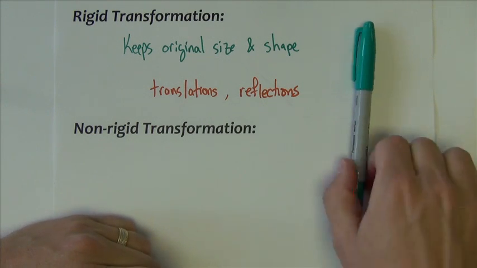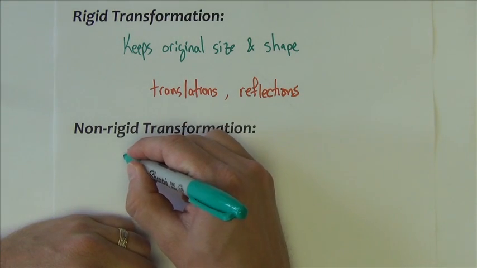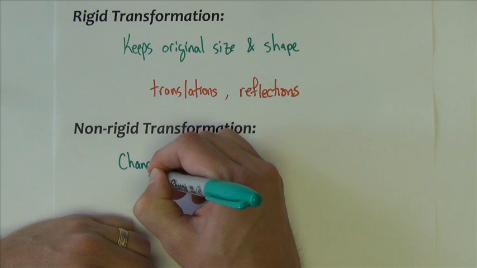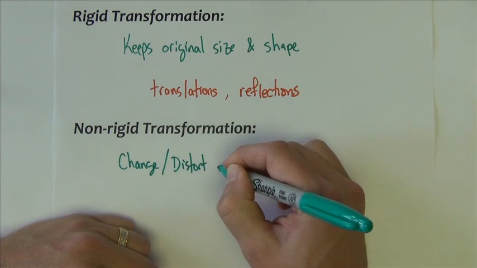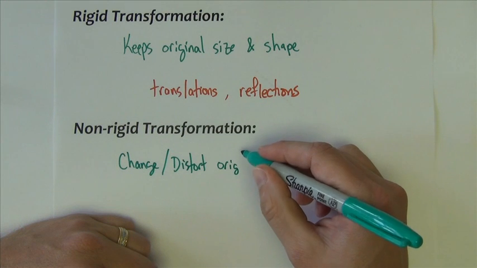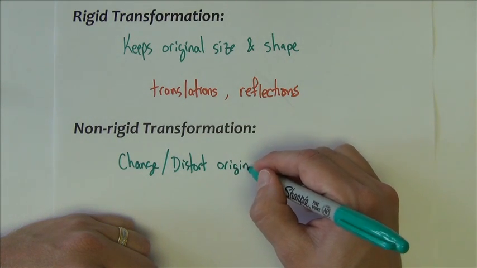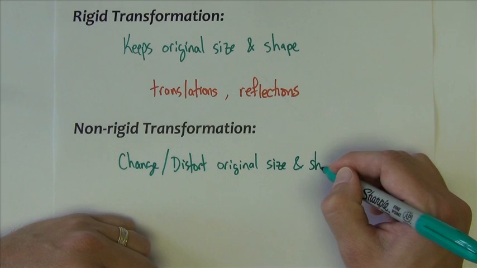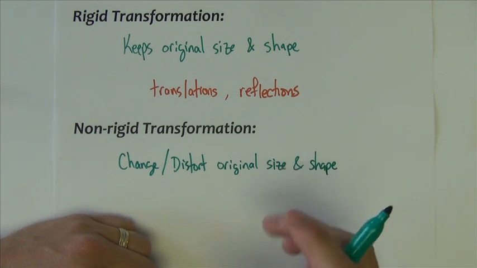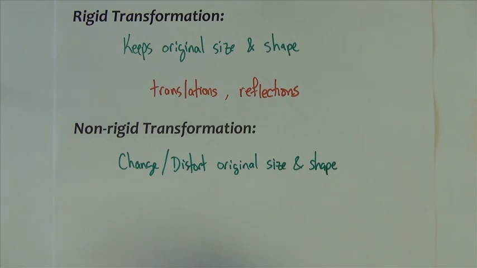We also have non-rigid transformations. Those will change or distort the original size and shape. Now with this, you'll still be able to tell that the new graph is a form of the original, but it is going to look different.